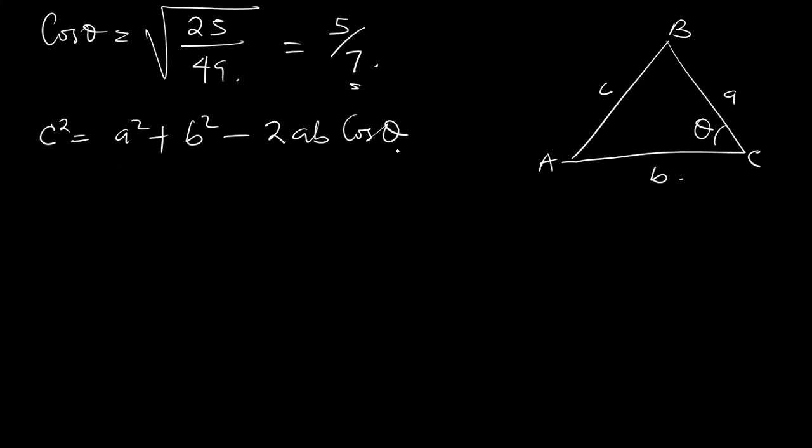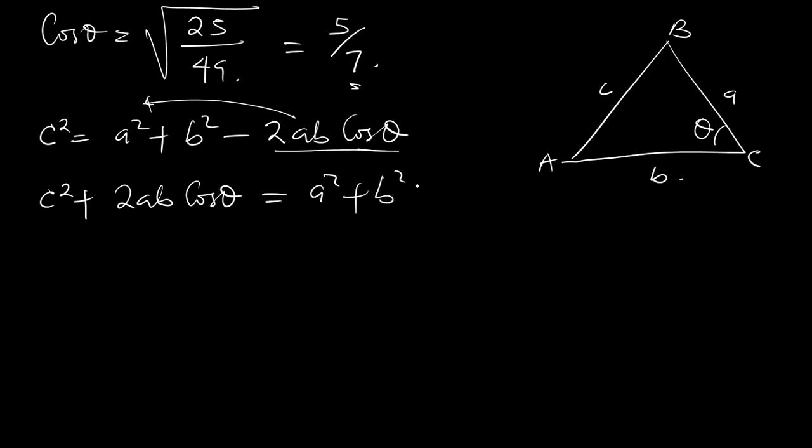Now, for us to find cos theta, if you move this expression to the other side, you have c square plus 2ab cos theta equal to a square plus b square.